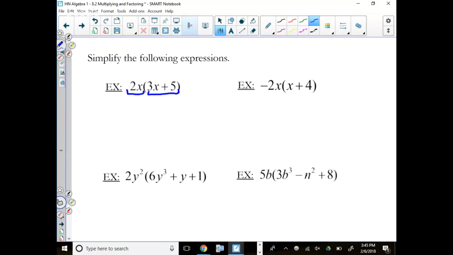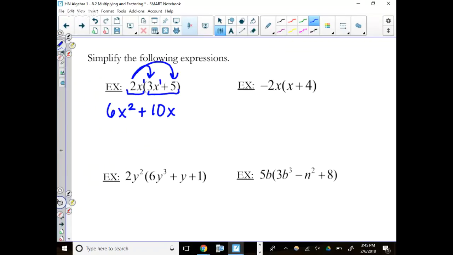If we just had the numbers with coefficients, we would do 2 times 3 when we would do distributive property. This would be 6. But then since you're multiplying, you need to add the exponents, right? So this is x squared, and then distribute plus 10x.